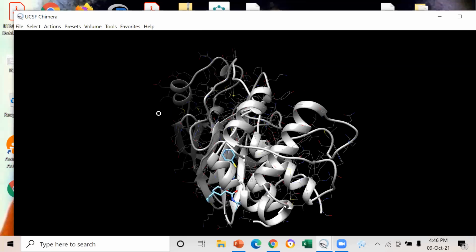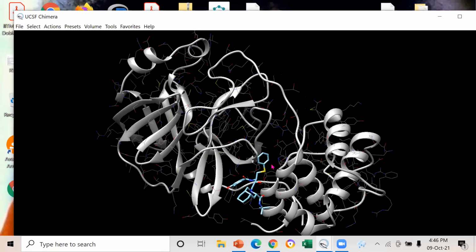Yeah, and you can see this is your molecule. This graphical interface is very good and it can do a lot of measurements and all that also. This is a good program.